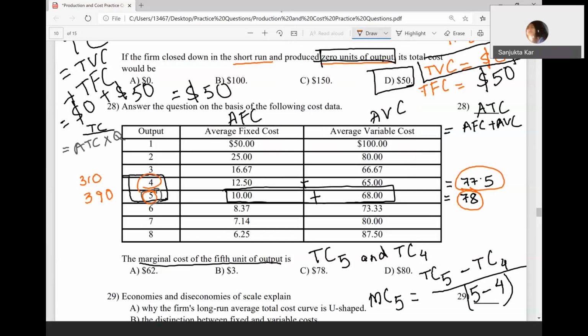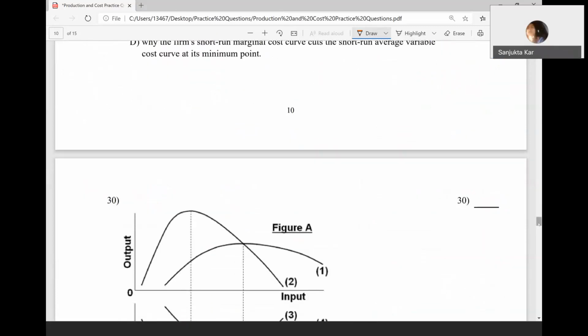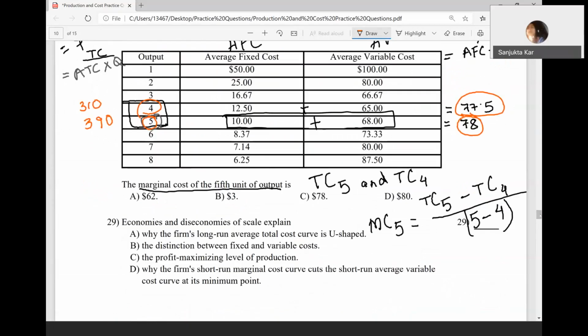Now it becomes crystal clear what the answer to this question is. Let me pull it down gently so that we stay on the same question. The total cost for the fifth unit I found out is 390. For the fourth unit it is equal to 310, over the change in output, which is 5 minus 4. This is equal to 1. The answer to this question will be 80.